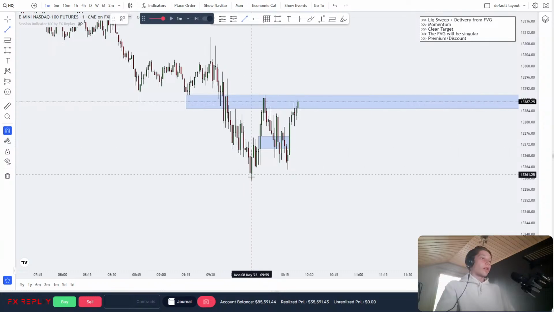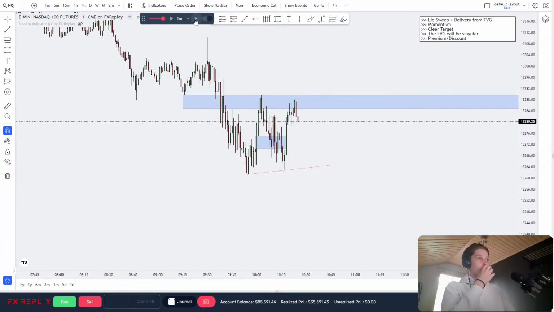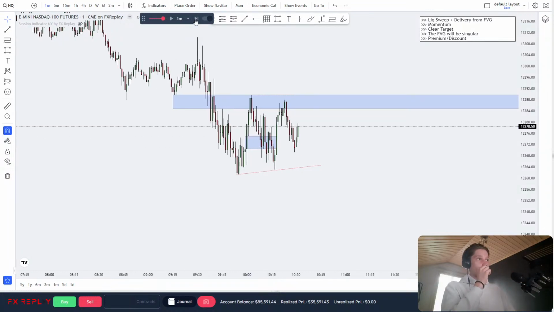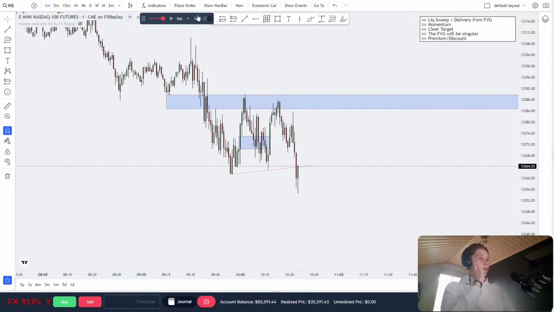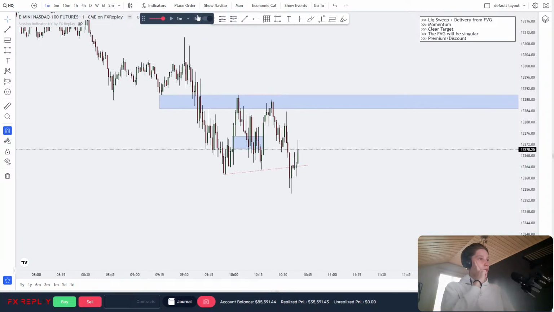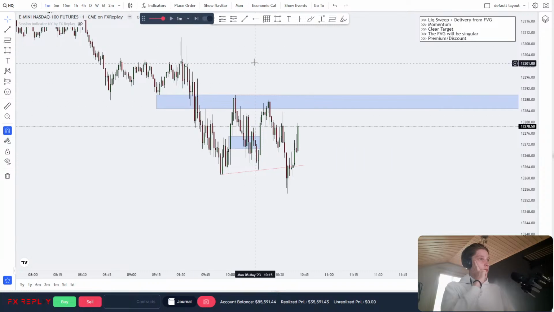Now we have created equal lows, or relative equal lows rather. So if we sweep that high and give you a nice inversion, that could be the clear target we're talking about. Okay, problem number one, we don't take that high. We cannot take the setup. We could now go long though.